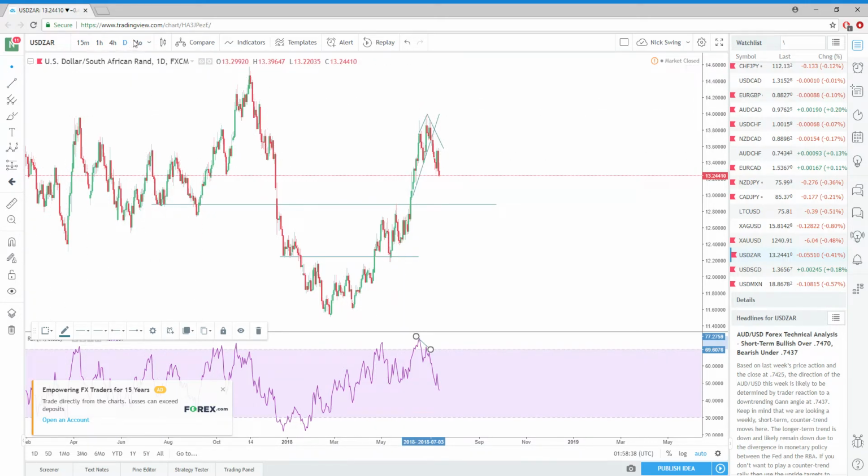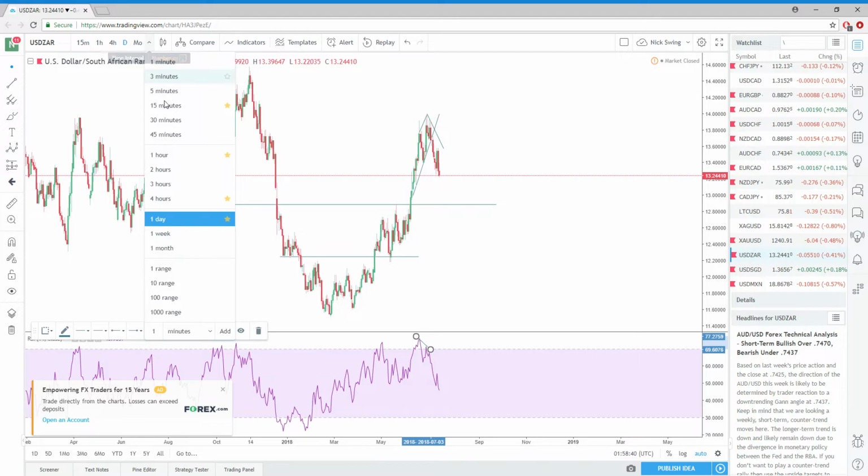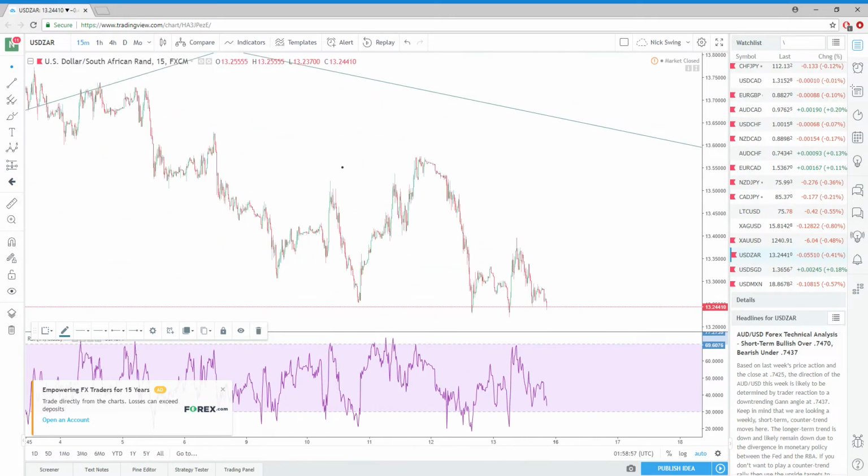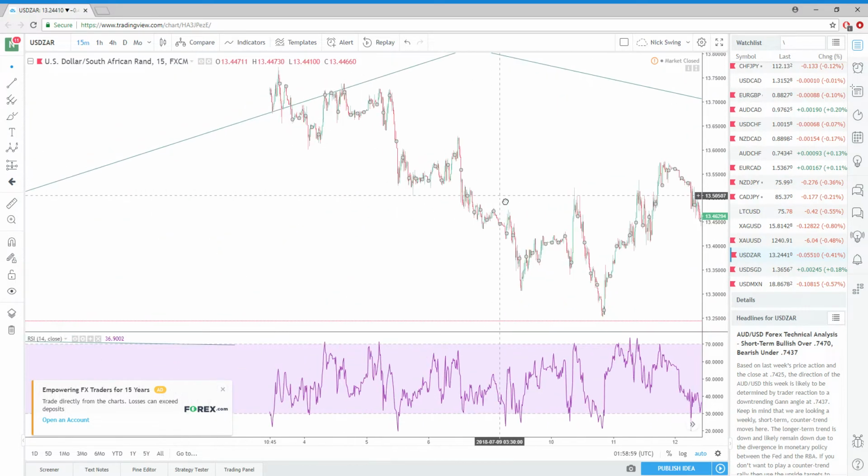All right, I'm gonna show you guys how to get in on a perfect entry. So this is the daily. It did divergence on the daily, but if you want a perfect entry, you'd go to lower time frames to see when to enter perfectly, because you will have little or no drawdown. So let me see if I can find the entry. This is the minute 15.